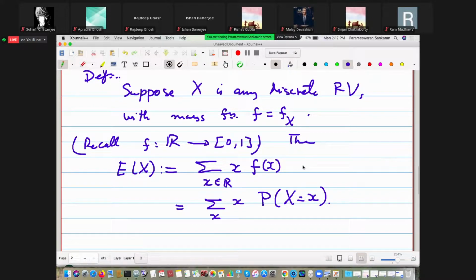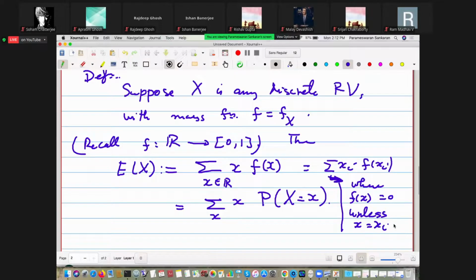So this is the same thing as summation x_i f(x_i), where f is taking positive values only on these x_i's. So f(x) equals 0 unless x is one of the x_i's for some i.